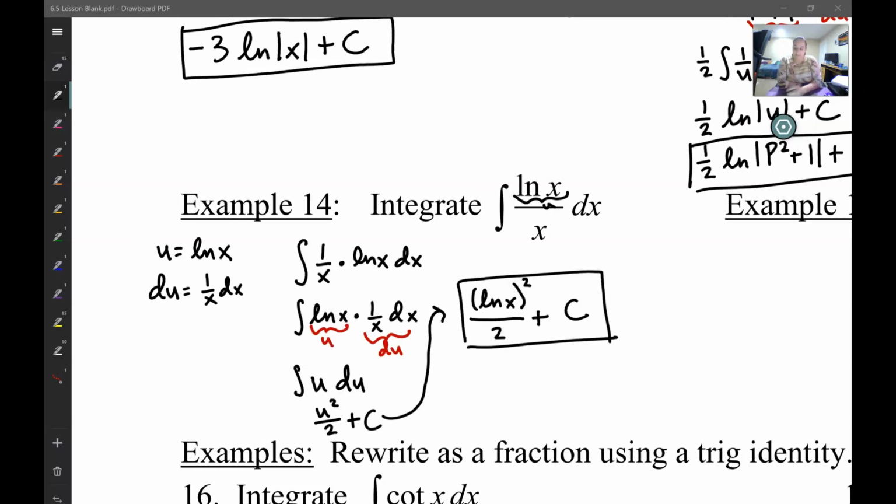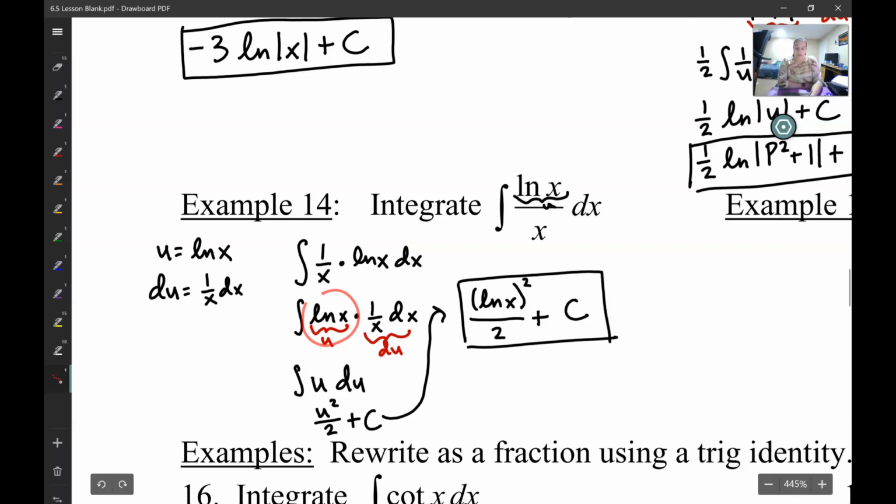Let's see how you did. So u is ln of x, so du is going to be 1 over x dx. So first thing, I'm going to take this fraction and separate it as 1 over x times ln of x. Hopefully we can agree that that and that are the same thing. If I were to multiply this across, I would end up with ln of x over x. Then next, I switched these places, which I can do because they're multiplying. 3 times 2 is the same thing as 2 times 3.